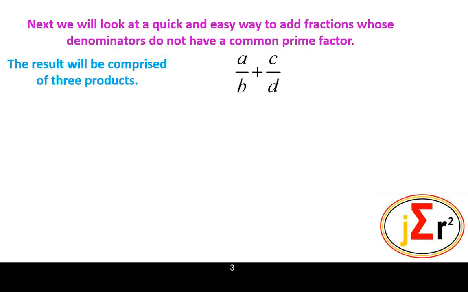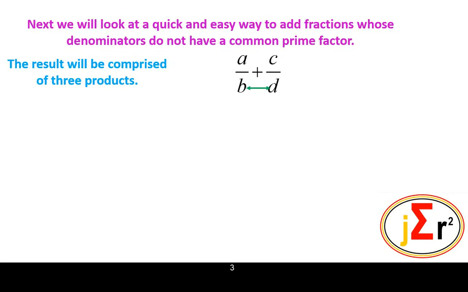So the result will be comprised of 3 products. Remember now that the denominators should not have any common prime factor. And if they do not have any common prime factor, then this is a very quick and simple way to add those fractions. 3 products.